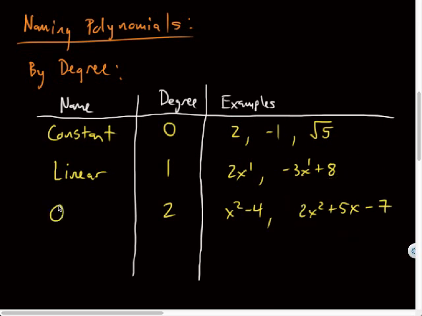These are called, and this is a deceptive name, I think, they're called quadratic. And it's tricky because you'd think quad means 4. And you're right, quad does mean 4.